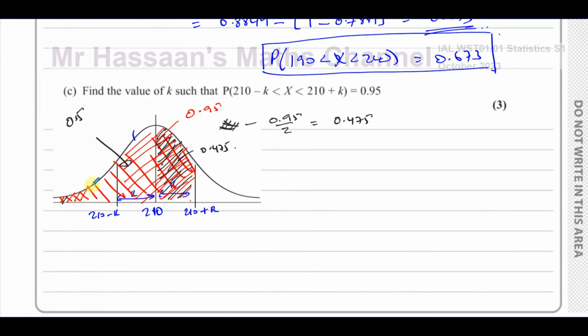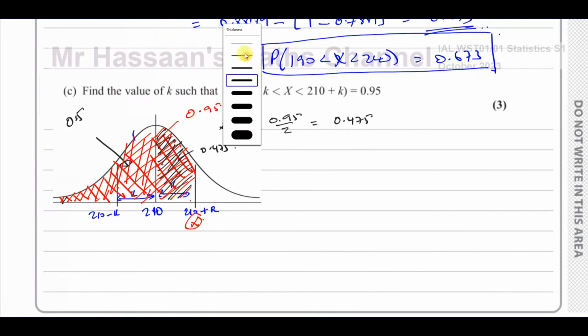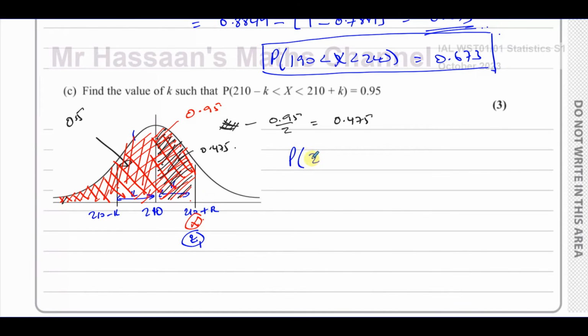So the whole of this area here is 0.5. What we need to do is find the value of x here. Let's call this z first. We can say the probability that z is less than this z value here, z1, is equal to 0.5 plus 0.475.